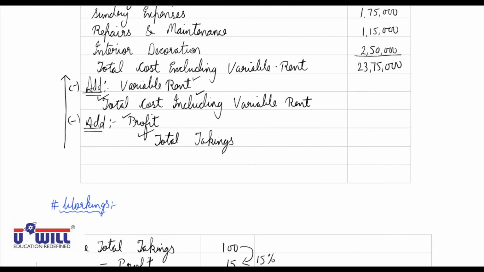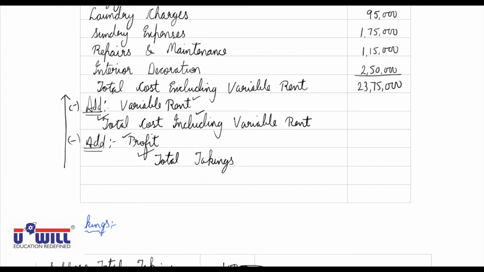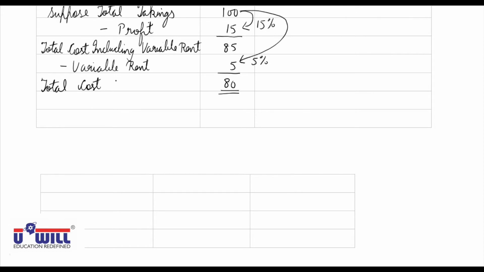So total takings we have assumed as 100, and 5% of that is 5. Now 85 minus 5, 80 will be the total cost excluding variable rent. Okay, total cost excluding variable rent is 80.